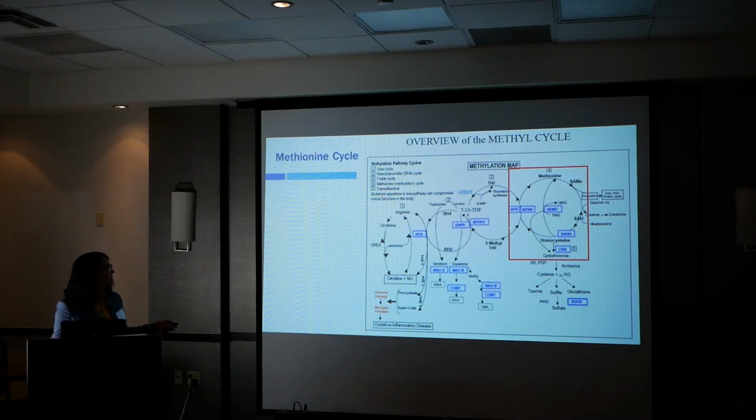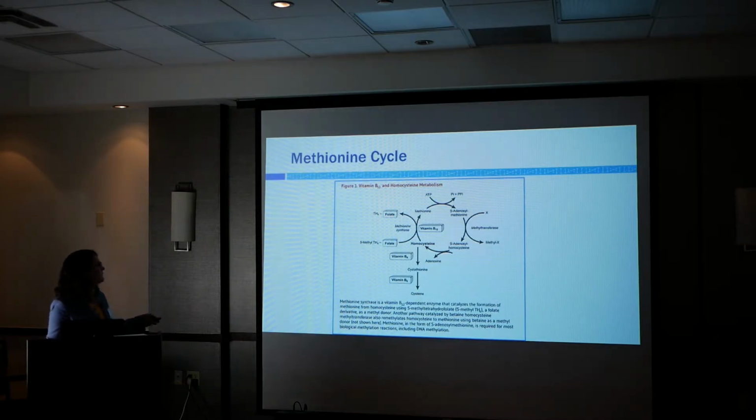Some of the cofactors here, well, we need the folate there. We're going to need some zinc here. And let's see what's on my next slide. Oh, so this is a little bit redundant, but we're just continuing to talk about how this pathway is. That folate's coming in. We need adequate B12 and B12 recycling to convert that homocysteine to methionine.